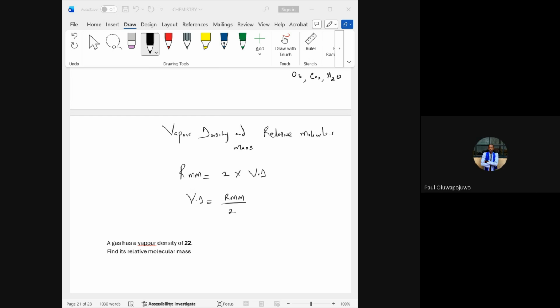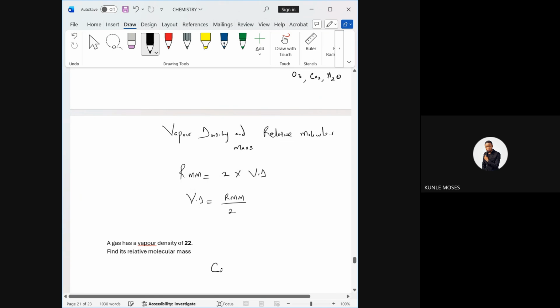CO2, very good. That's CO2. I hope you guys understand everything, please. CO2 is 12 plus 16 times 2, right? And that will give us 44 grams per mole. So, I believe we are good to go.